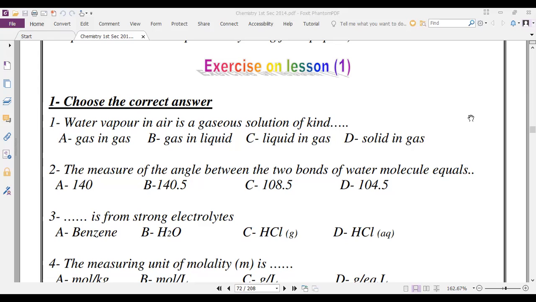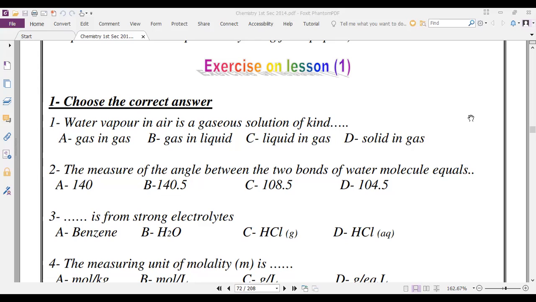So question number one, water vapor in air is a gaseous solution of kind what? Liquid in gas, right. Number two, the measure of the angle between two bonds of a water molecule equals 104.5, number D, right.